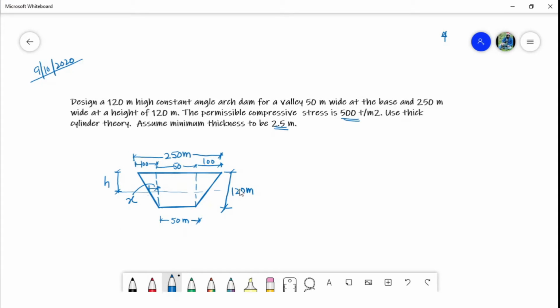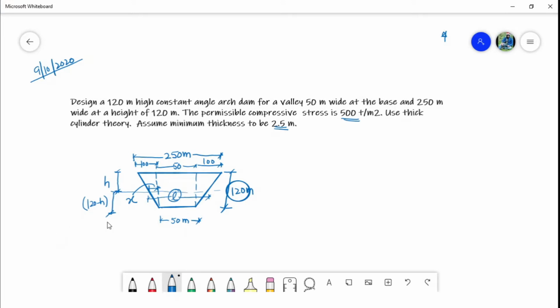This is the total depth 120 meter, so the remaining will be 120 minus h. And the span is L at this level, h from the top. This is the L span, total span.